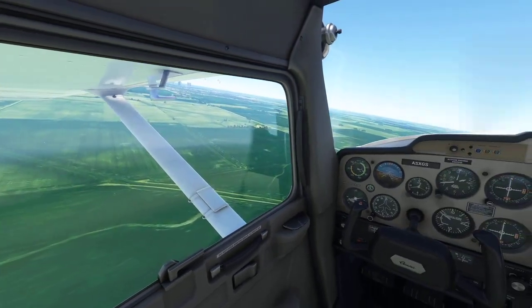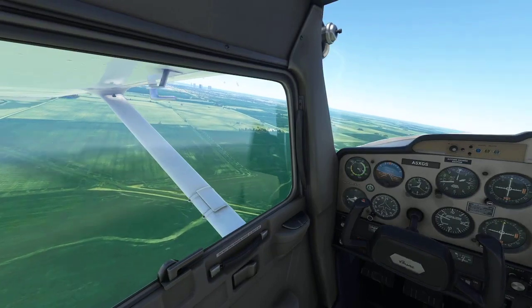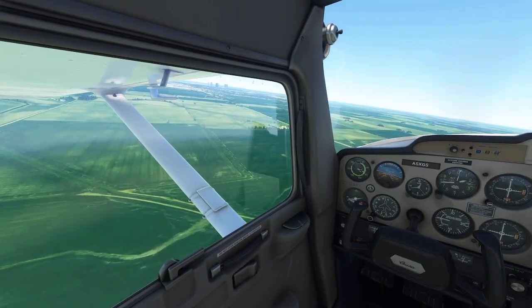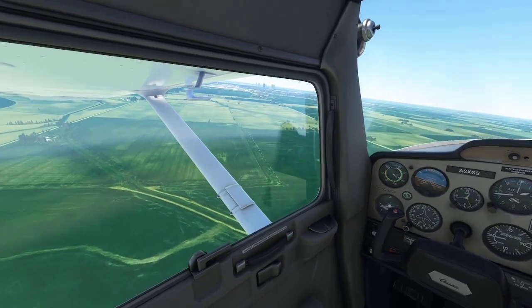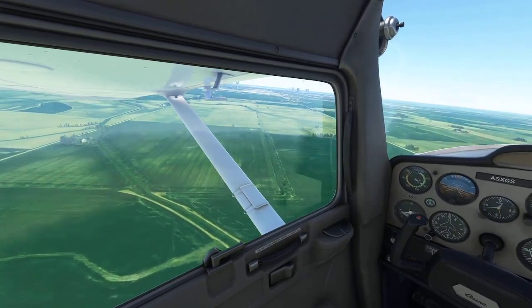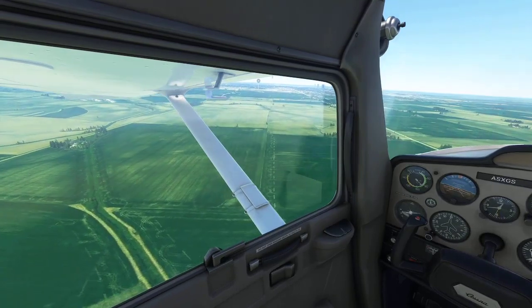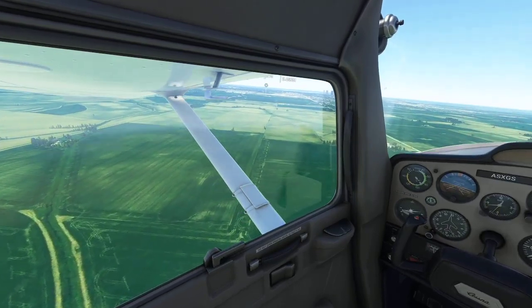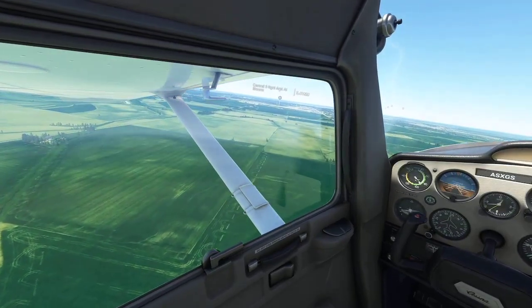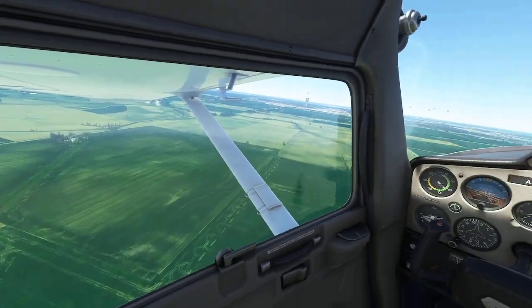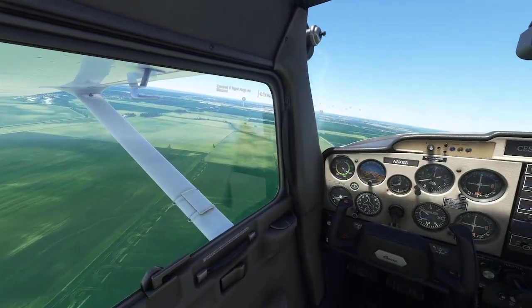So now we're going from south, so we are going to gradually start to increase the bank so that when we get to the other side, we'll be at our steepest bank. So where are we? We are at 1600 still, not too bad.